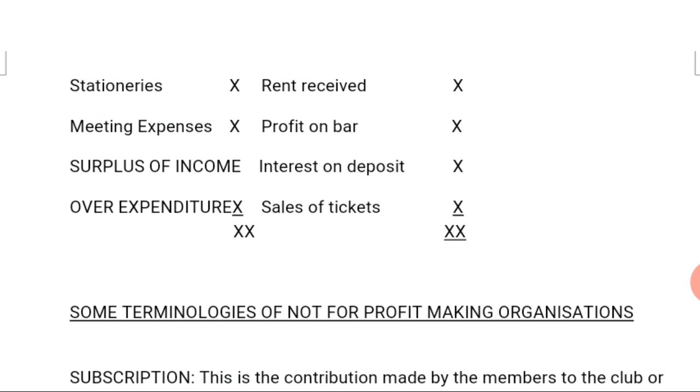If the income side is higher than the expenditure side, we are going to have a surplus of income over expenditure, which will be debited. But on the other hand, if the expenditure is greater than the income, we are going to have a deficit.